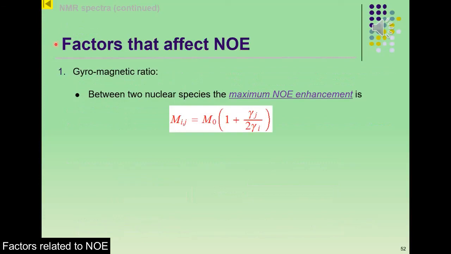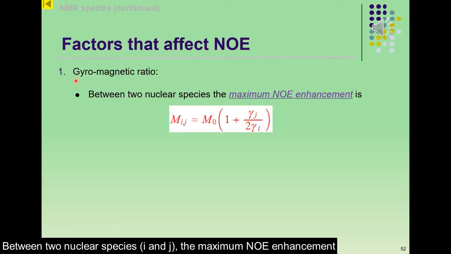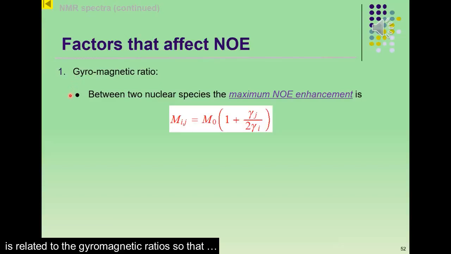Factors related to NOE. 1. Gyromagnetic ratios. Between two nuclear species, I and J, the maximum NOE enhancement is related to the gyromagnetic ratios, so that M_ij equals M_0 times (1 plus gamma_J divided by 2 gamma_I).